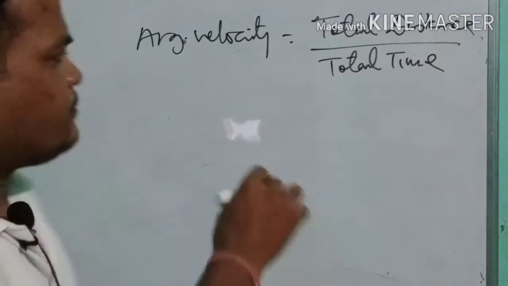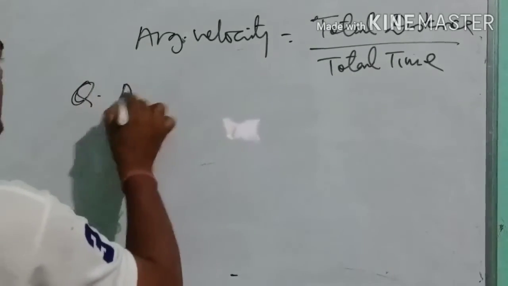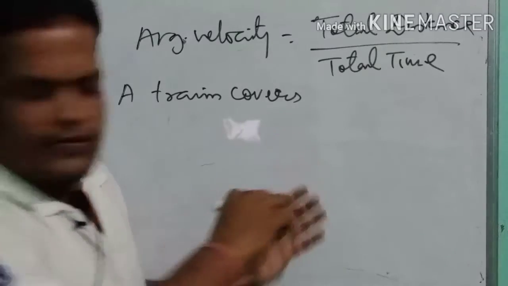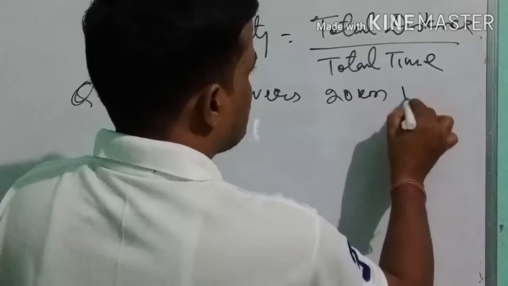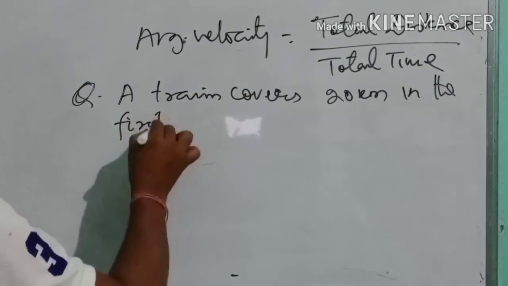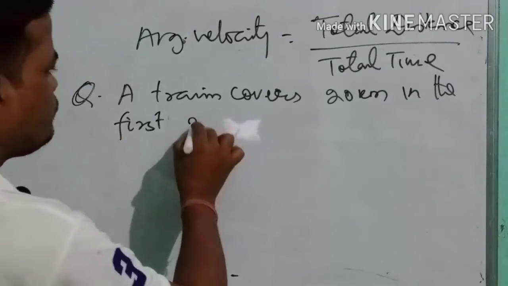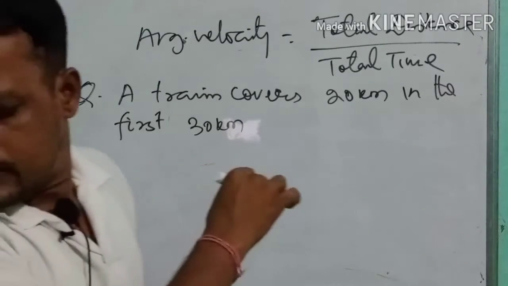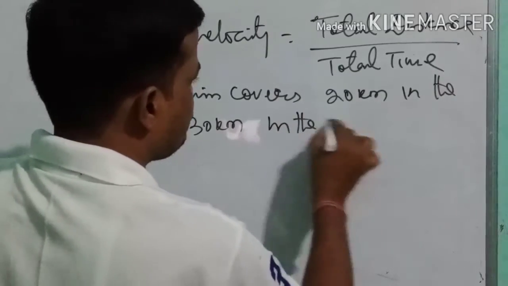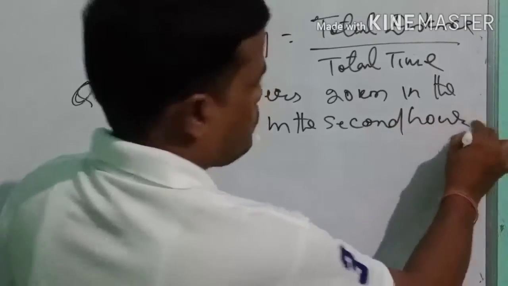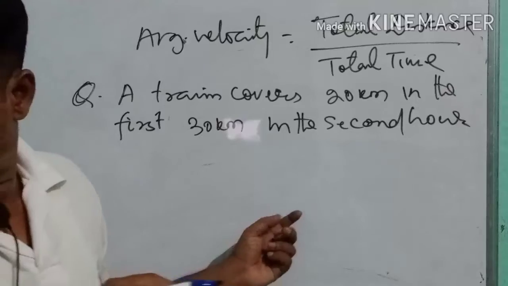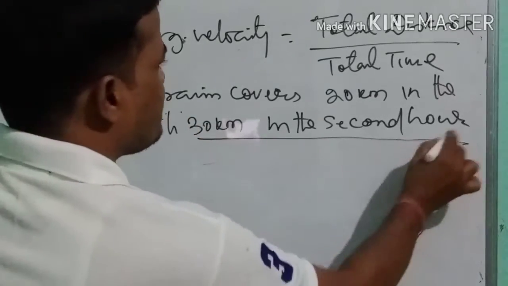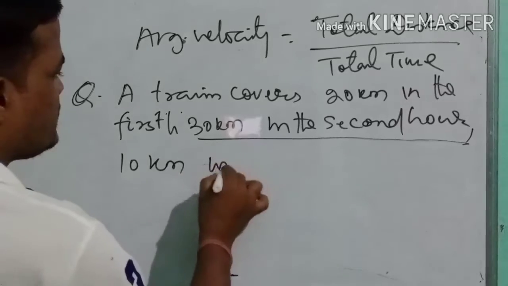Question number 1. A train covers 20 kilometer in the first hour, 30 kilometer in the second hour, and 10 kilometer in the third hour.